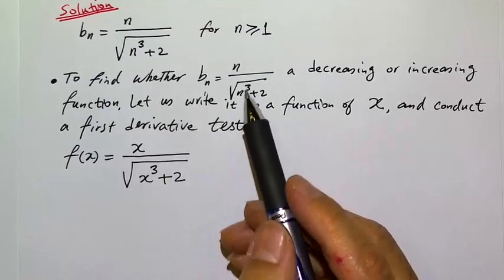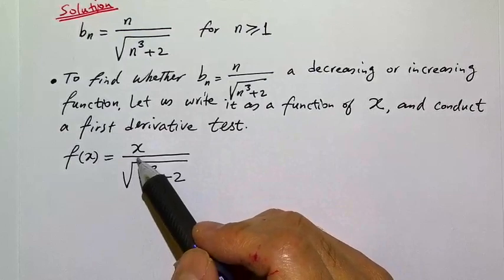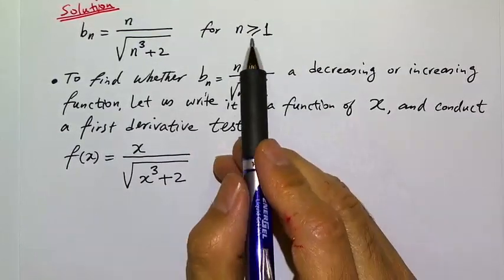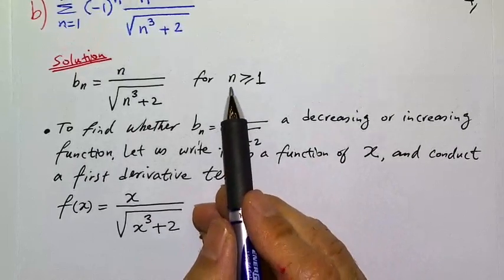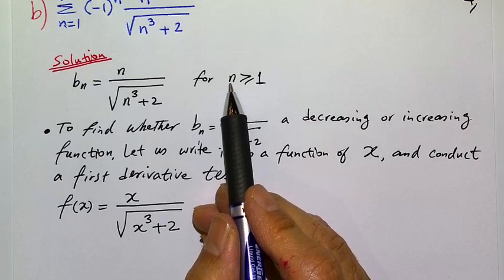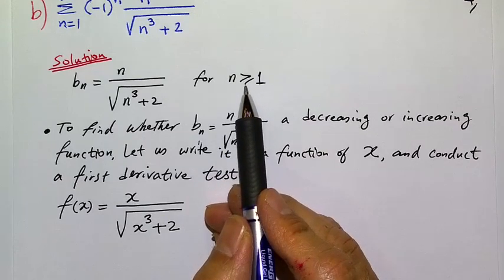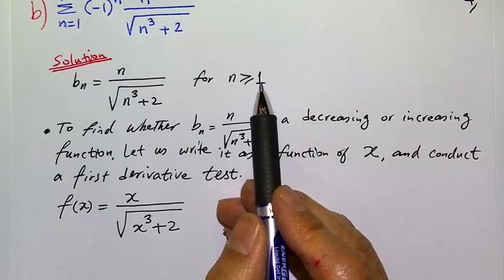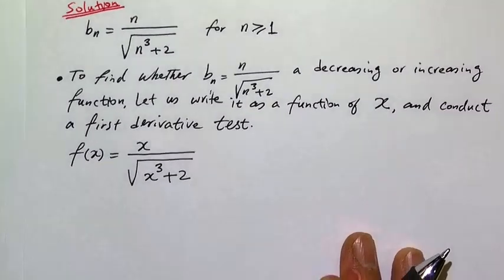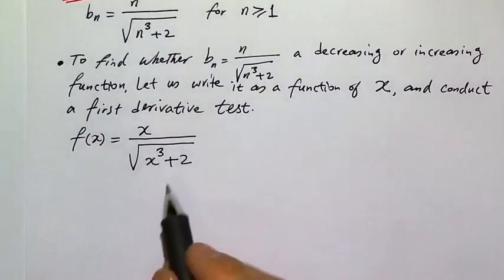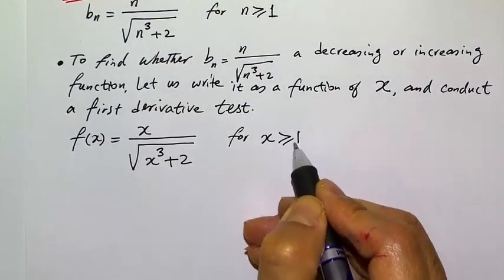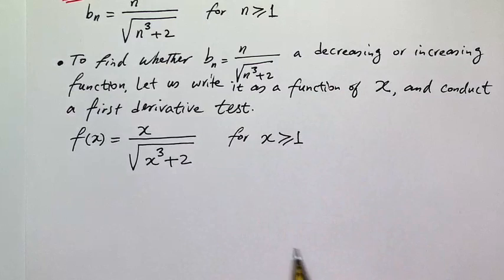Keep in mind that even though we're writing it in this x form, the domain of x is going to be the same as the domain of n. n varies from 1 all the way to positive infinity. So the same is true here, for x greater than or equal to 1. I just wanted to make that clear.